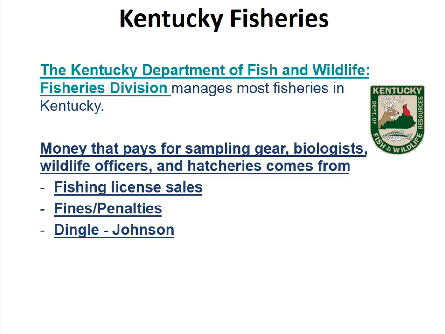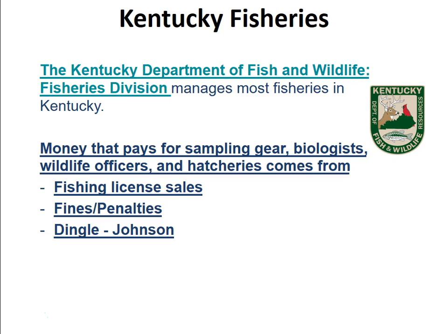And the way this bill works is, because it's a federal bill, it develops a fund within the federal government, and the money that goes into this fund comes from a small tax that is placed on any items that are purchased for fishing.